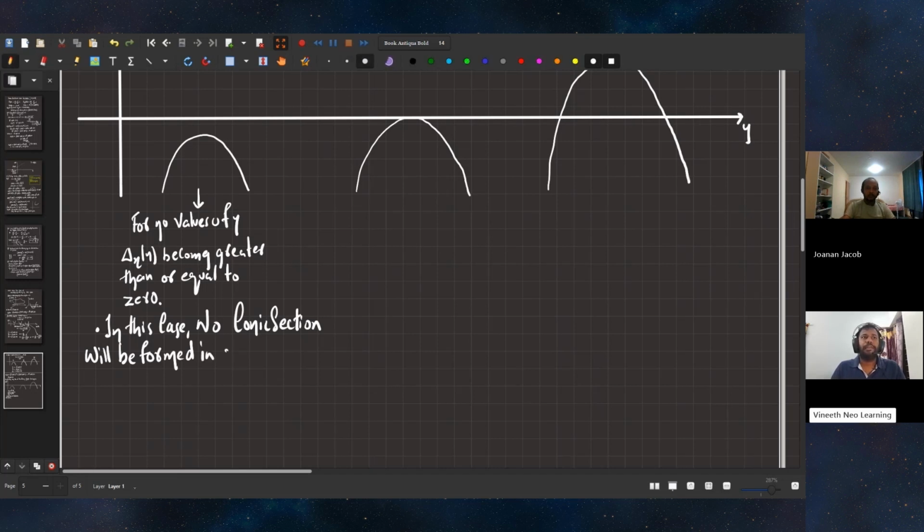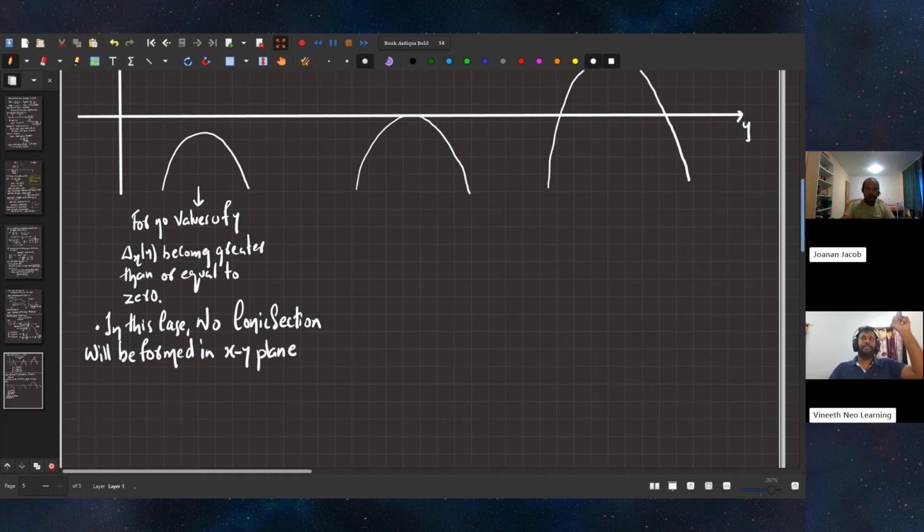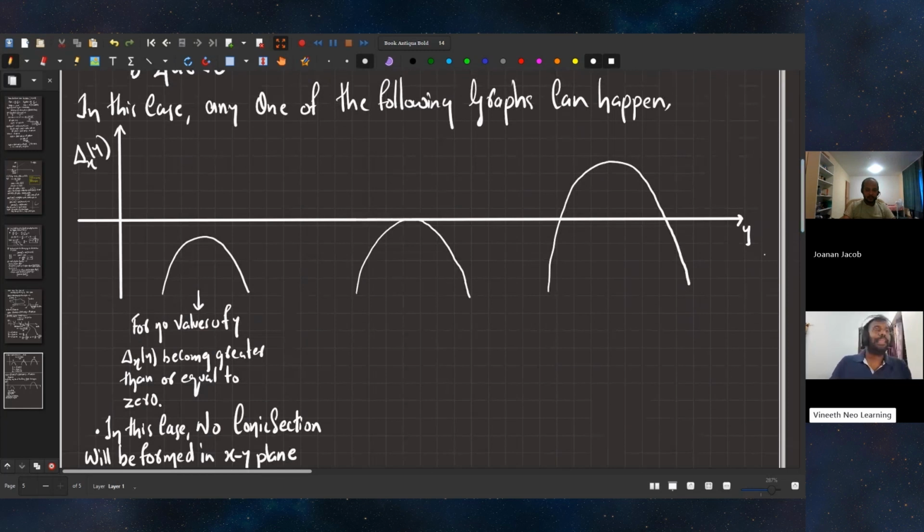It's very important, in the xy plane, because conic sections are formed in the xy plane. This is the plot of delta xy, and we are checking the values of y for which delta xy is greater than 0, so that a conic section can form there.